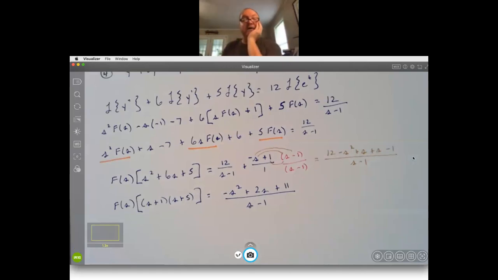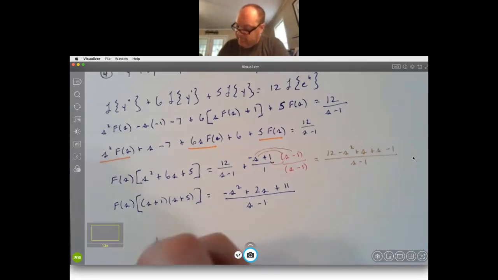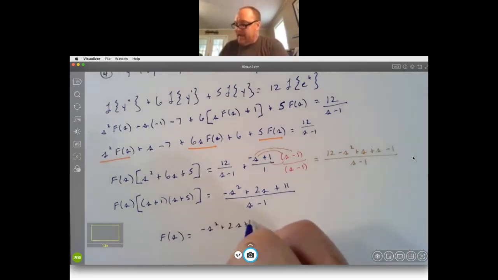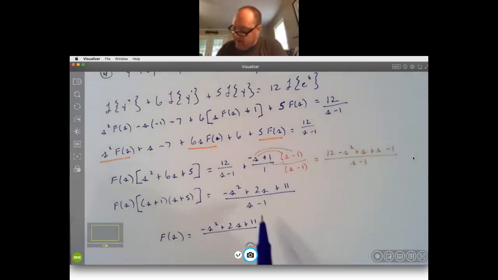All right, any questions about my algebra? All right, so finally I get this numerator, and I've got 3 things in the denominator now. I've got an s minus 1, an s plus 1, and an s plus 5.